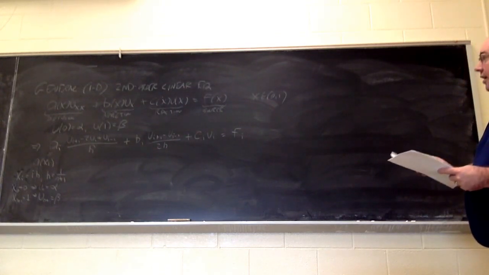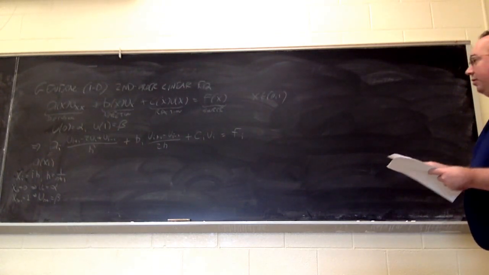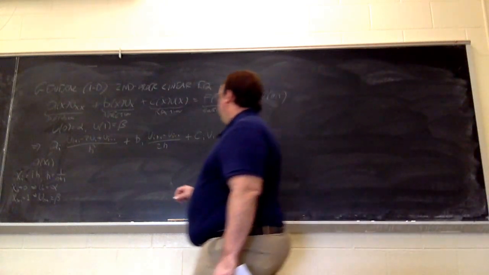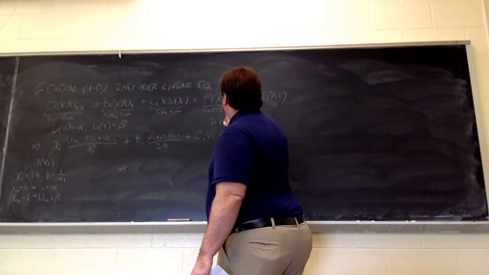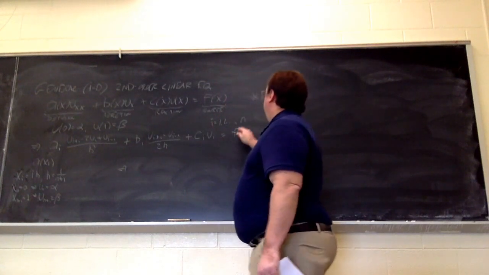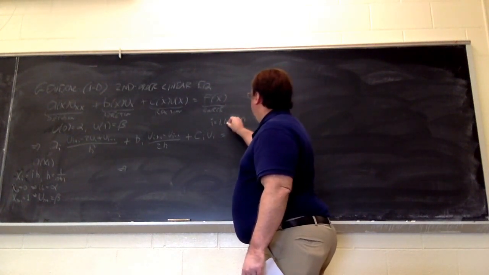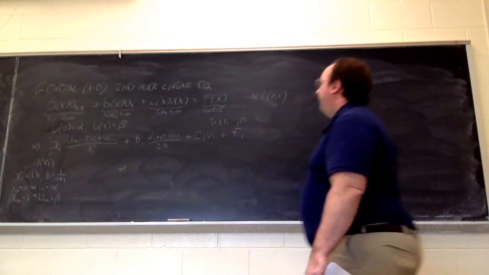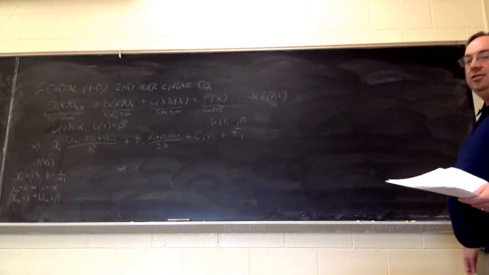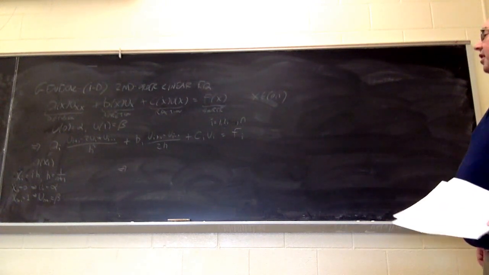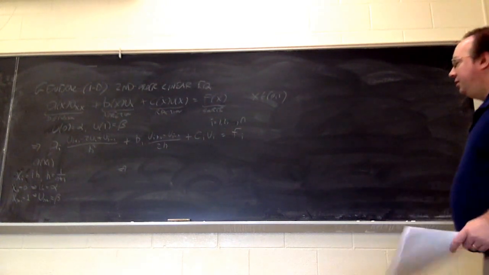Okay. So what this leads to, and this applies for i equals 1 up to n, is a system of n equations for the n unknowns, u1, u2, up to un.